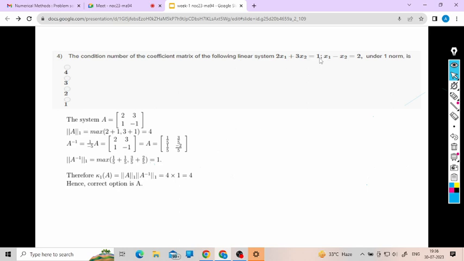So for that we calculate the condition number, and there are conditions, like if it is less than 1, what it means, and if it is greater than 1, what it means. In that way we can define whether it is well defined or not.